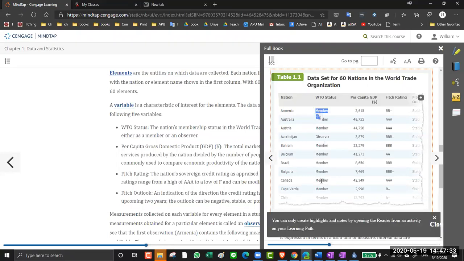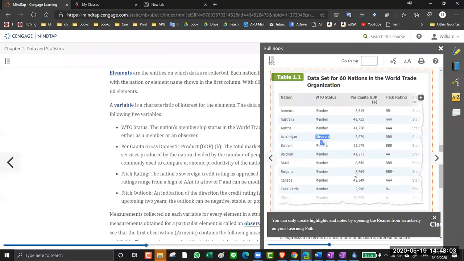Member is also called a measurement on Armenia with regard to WTO status. Observer is also called a measurement on Azerbaijan with regard to WTO status.